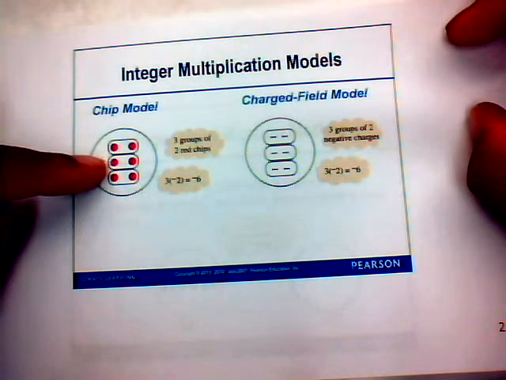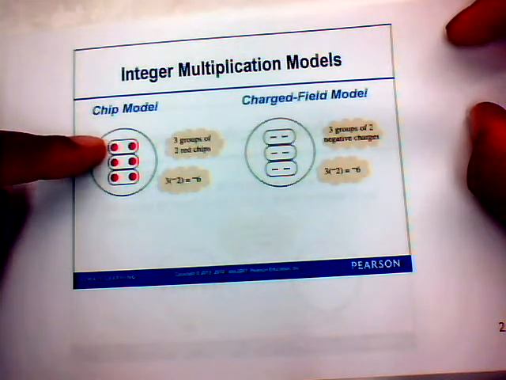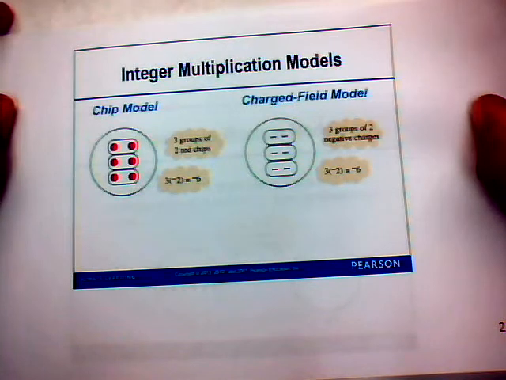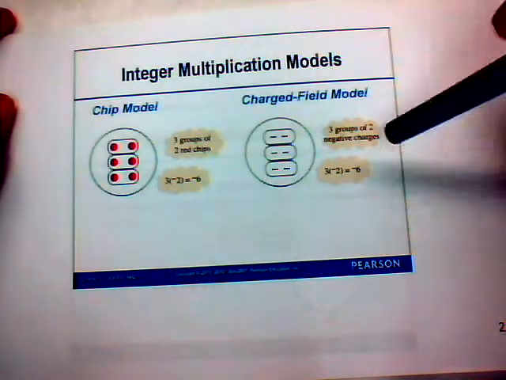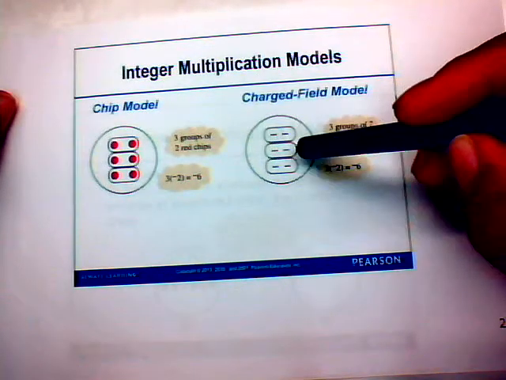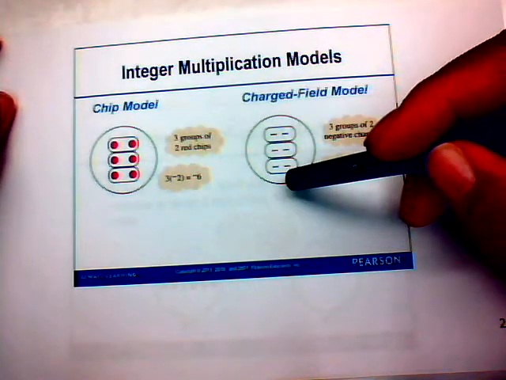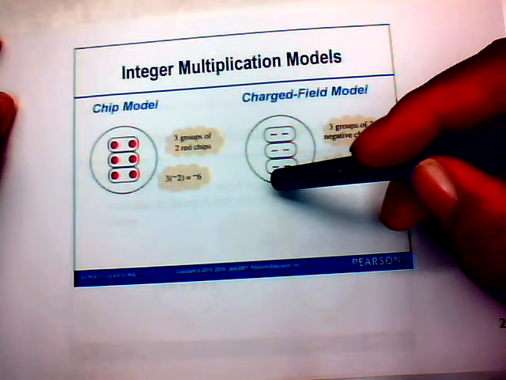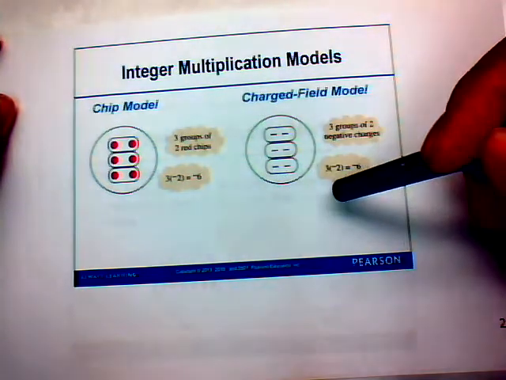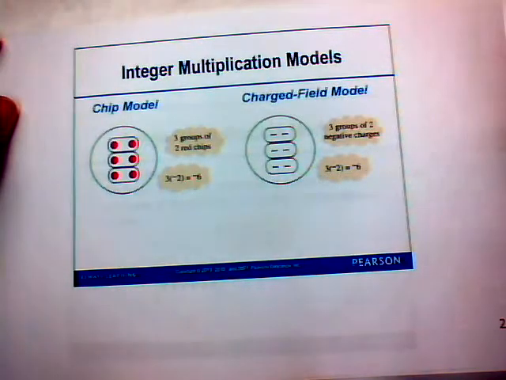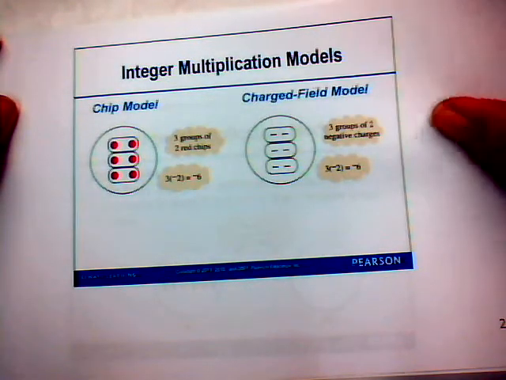So 3 groups of 2 red chips, or 3 times negative 2, would give us negative 6. And the same with the charged field model. 3 groups of 2 negative charges. The negatives are negative 1, so 2 negative charges represent negative 2, and there are 3 groups of them, so 3 times negative 2 will be negative 6.